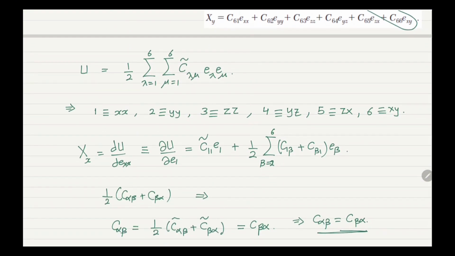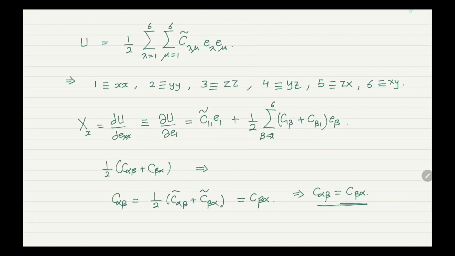So the 36 elastic stiffness constants are reduced to 21 elastic stiffness terms.